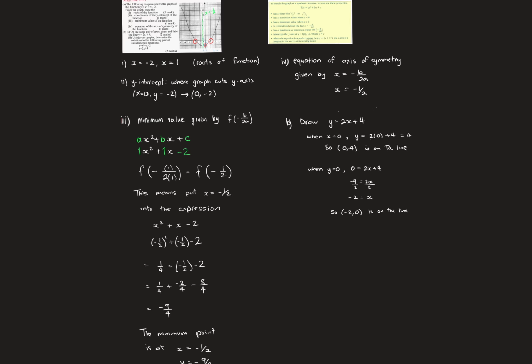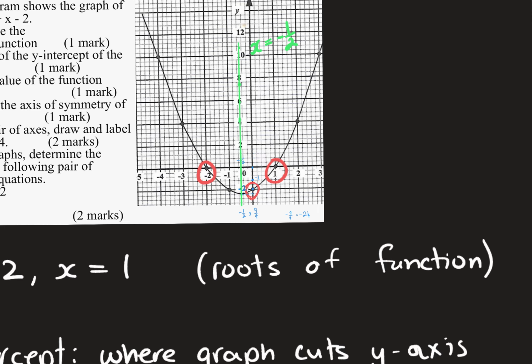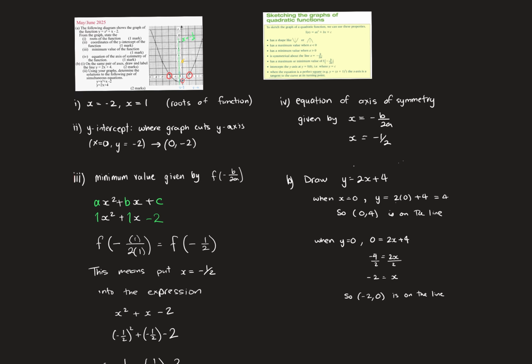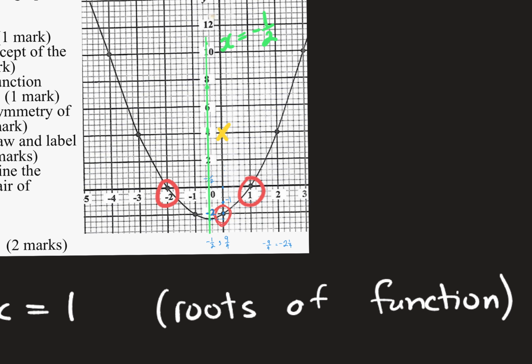Cool. So now we can drop these points on the graph. 0, 4, where x is equal to 0 and y is equal to 4. That makes this a point on the line. The other point is minus 2 and 0, where x is equal to minus 2 and y is equal to 0.